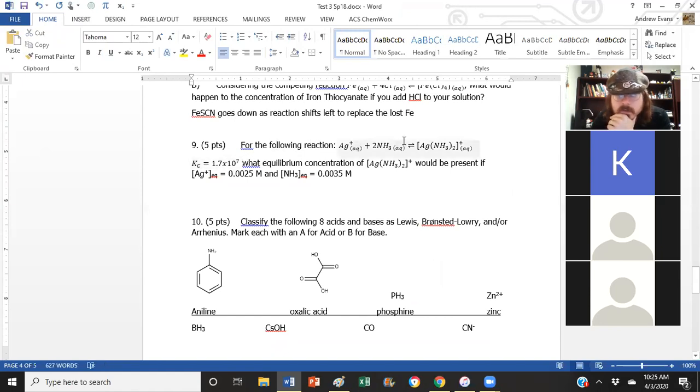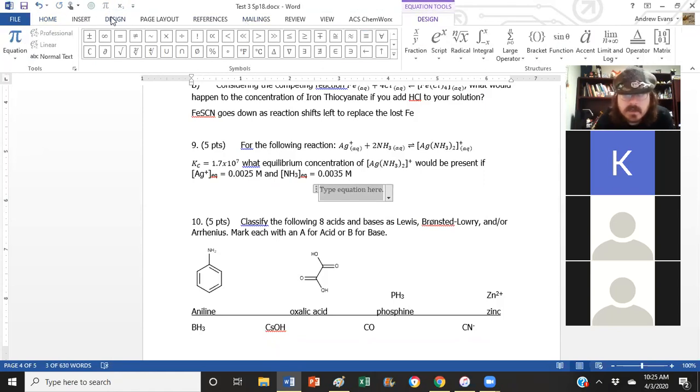Following reaction, silver plus ammonia forms silver ammonium complex. Here's your K expression for this. How much silver ammonia complex would be present if we have these at equilibrium? This was a problem that tripped up a lot of people on the last test.